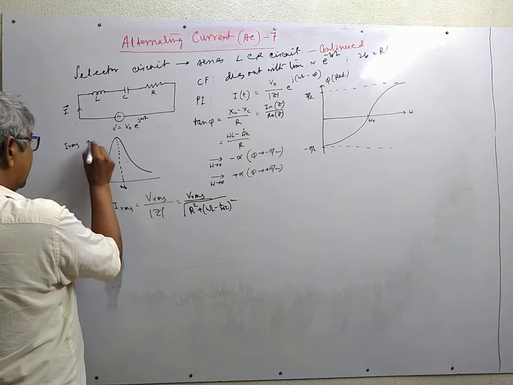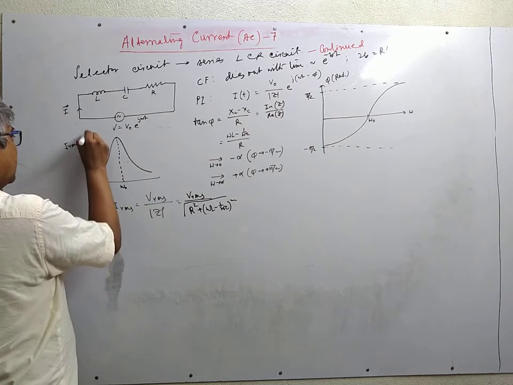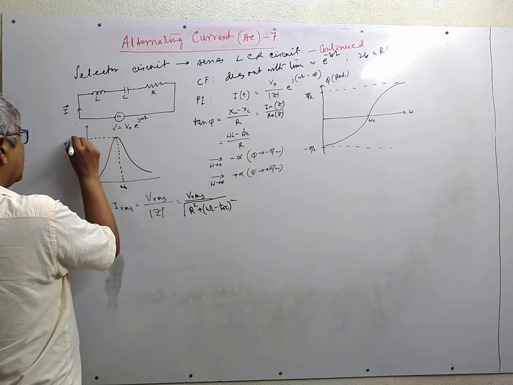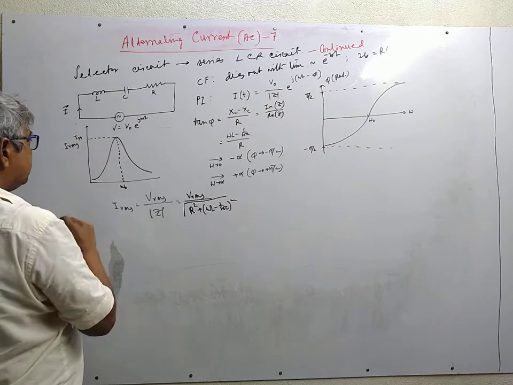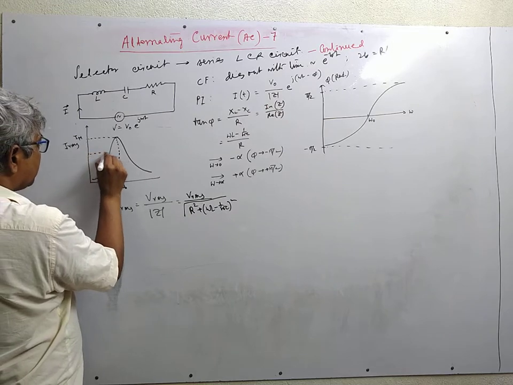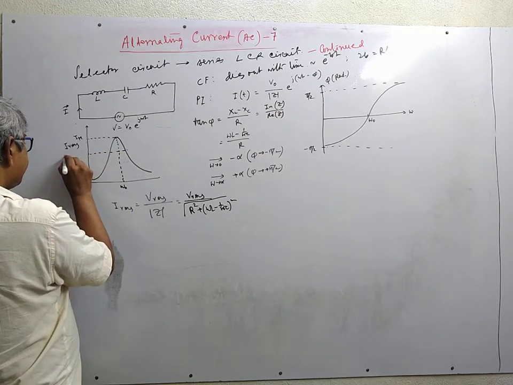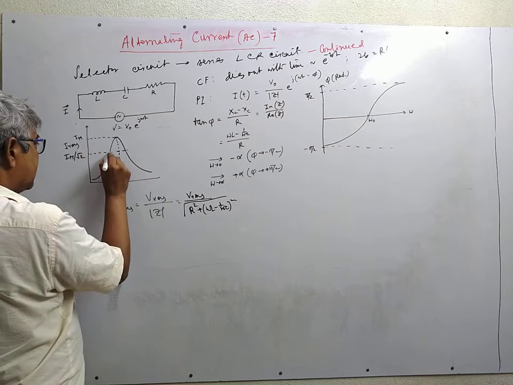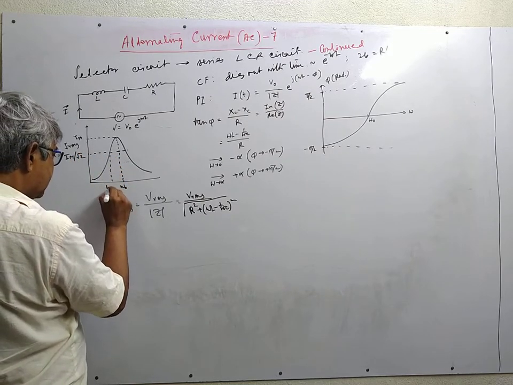We define this peak current as Im, and in terms of RMS it is Im by root 2. This gives you the half power frequencies.